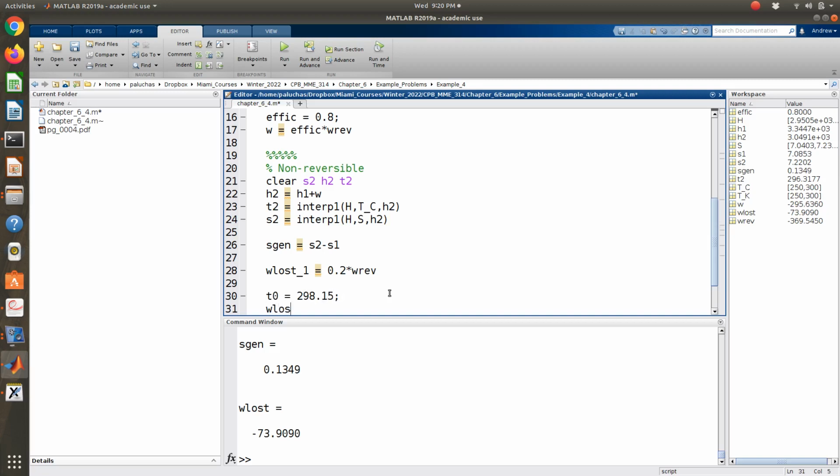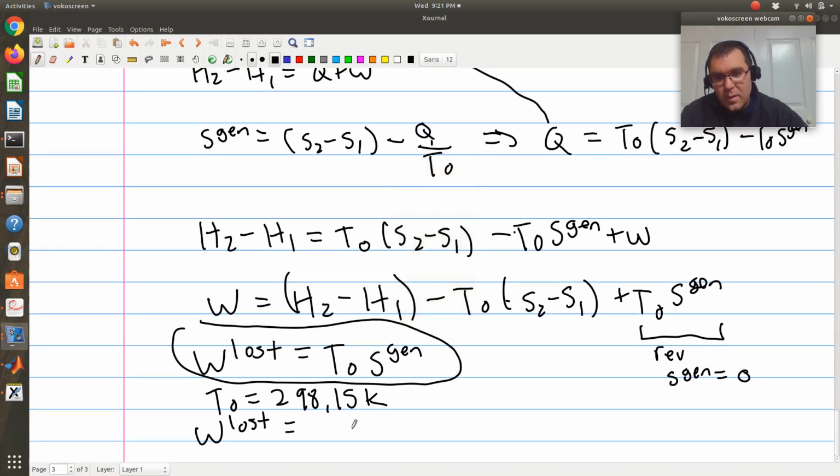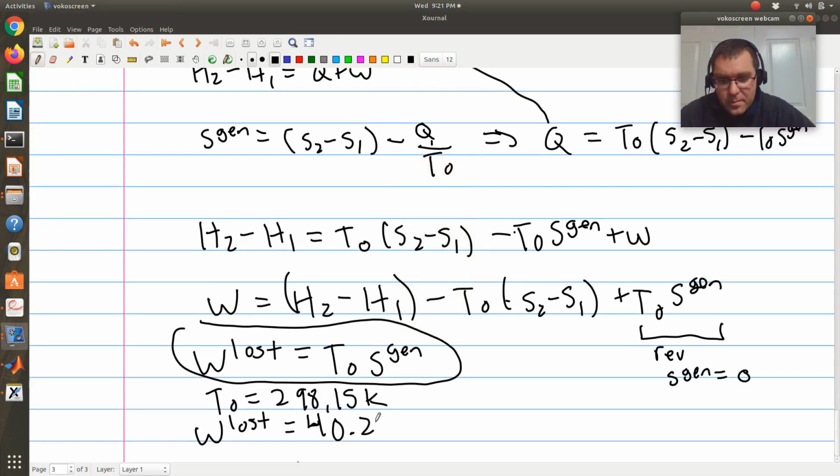So they would define W lost as being equal to T naught times S gen. With that formula, the work lost is positive, and it's 40.2198. Okay, so the work lost is 40.2198, and that's kilojoules per kilogram.